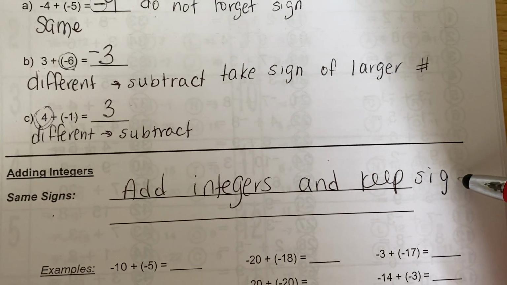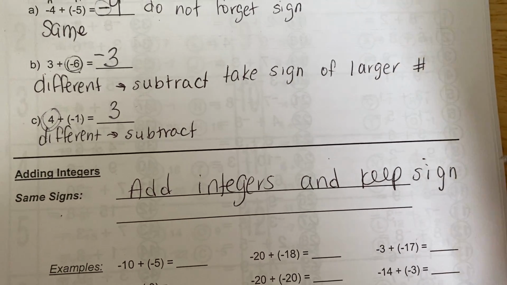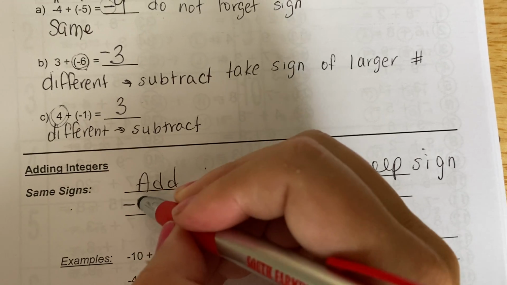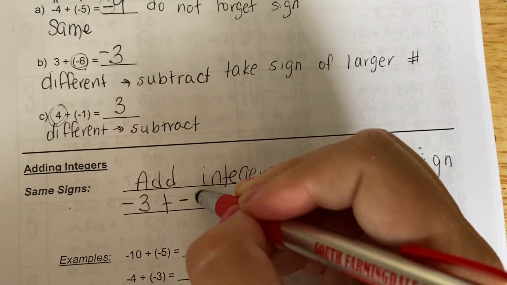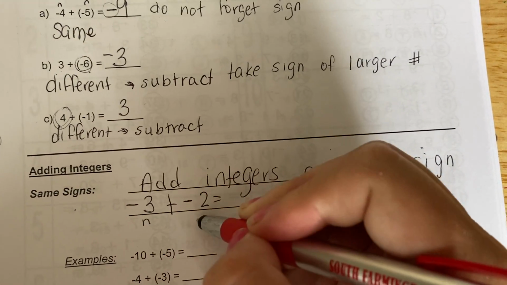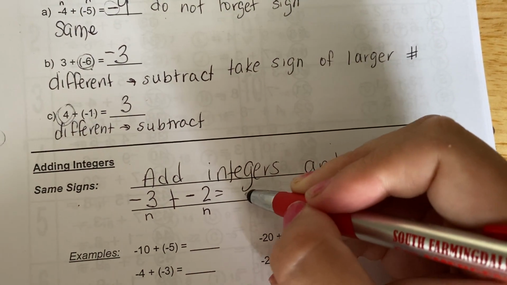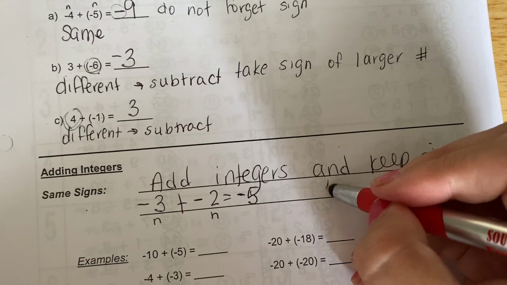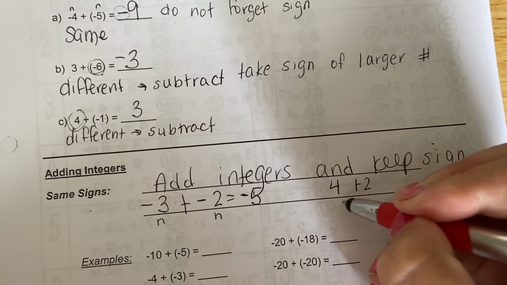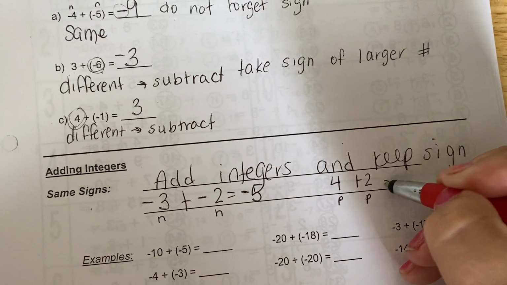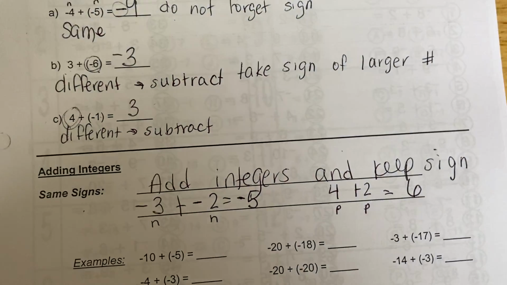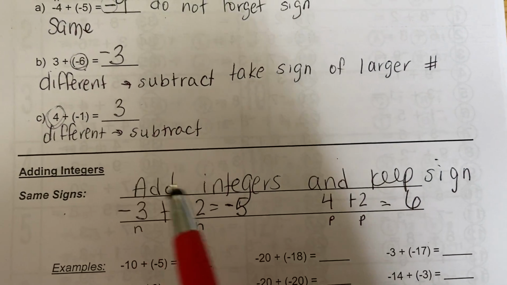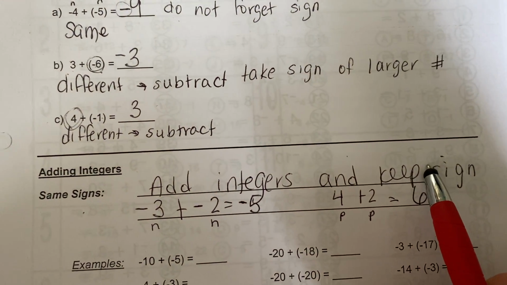So, for example, -3 plus a -2. They're negative, negative, and it has to be a negative. -5. Okay, now we'll do this one. 4 plus 2. Positive plus positive always gives me a positive answer. So when it's the same signs, you add the integers and keep sign.